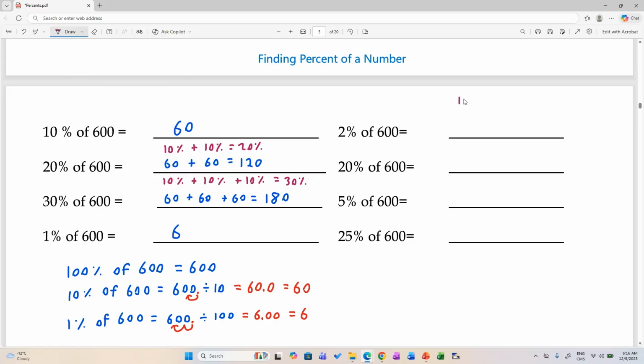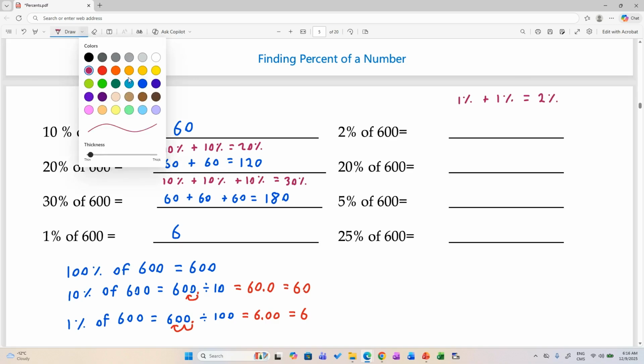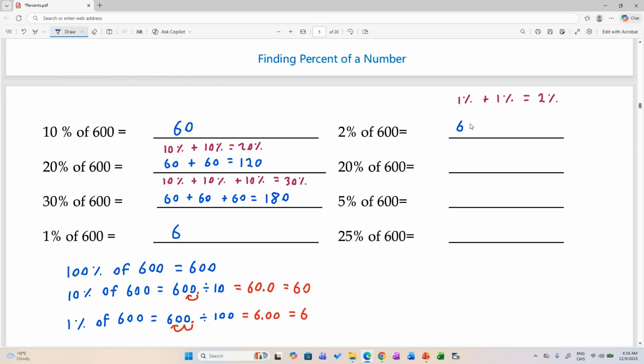If I know what 1% is, I should know what 2% is because 2% is simply 1% plus 1%. 1% of 600 was 6. So I'm going to add 6 and 6 together, and I'm going to get 12. Hence, 2% of 600 is simply 12.